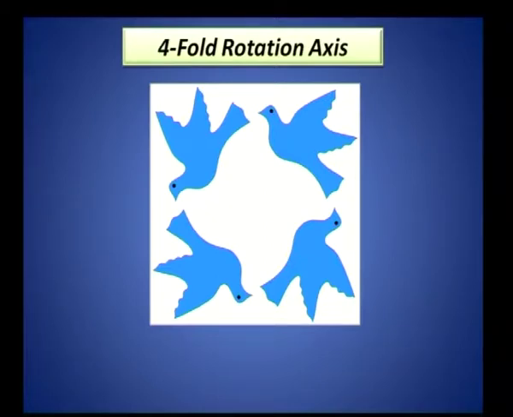Whenever the pattern or the whole slide is rotated through 90 degrees with respect to this as the axis, perpendicular to the plane of the slide, you will go back to an identical configuration. You do not know whether I have rotated or not. A 90 degree rotation will take back to the same configuration. So, 360 by 90 will be 4. It has got a 4-fold rotation axis.